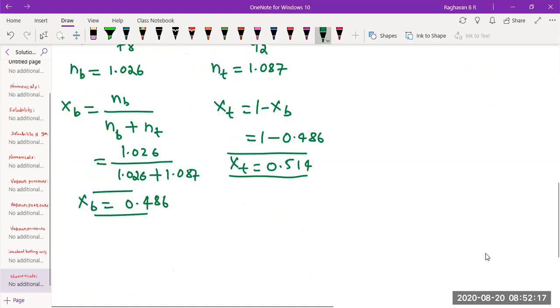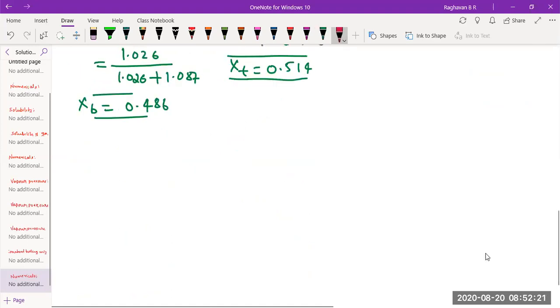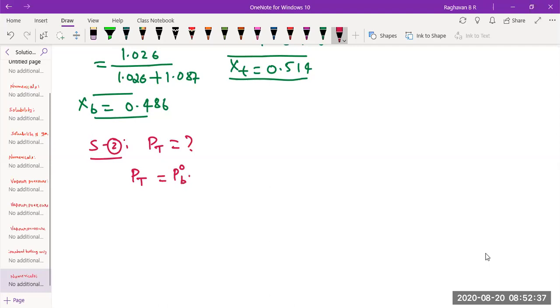Step 2. P total is to be calculated based on Raoult's law. So PT is PB plus PT. PB is nothing but P naught B into XB, and PT (small t) is P naught T into XT.